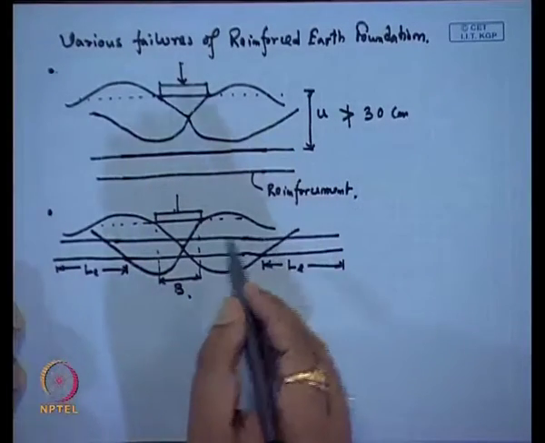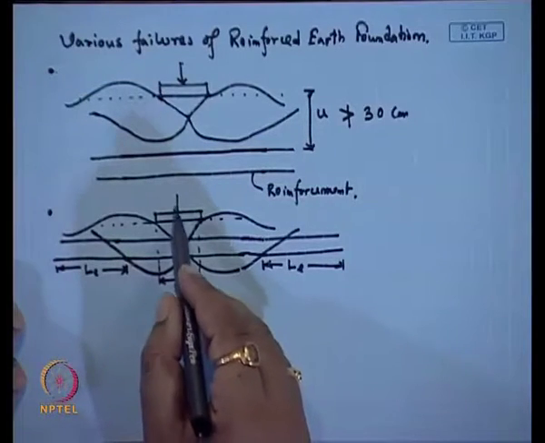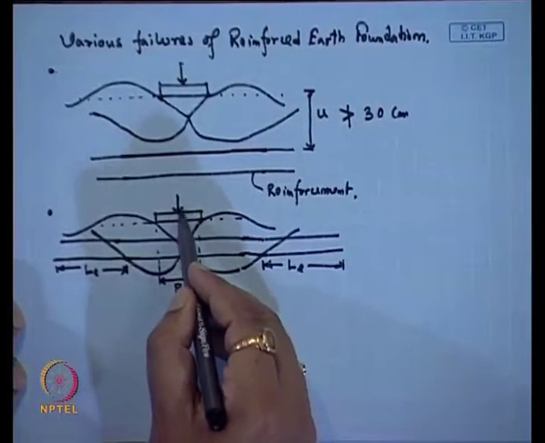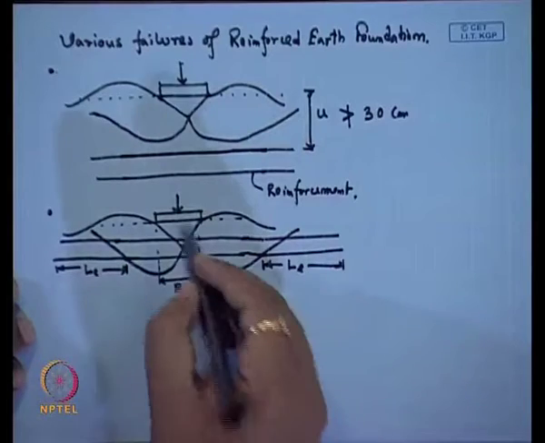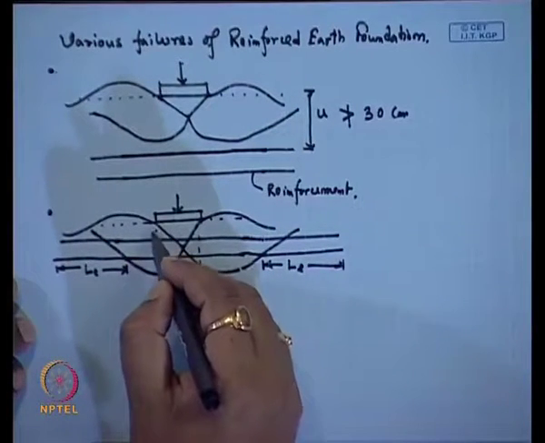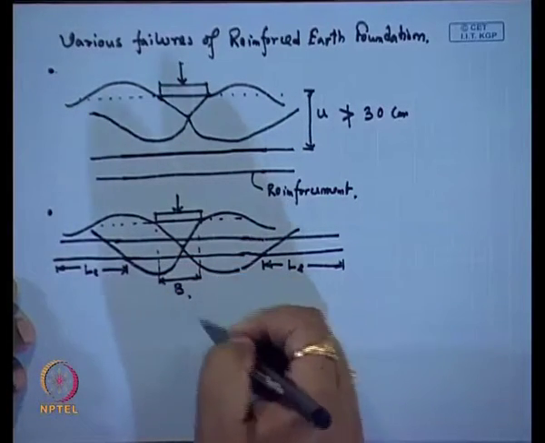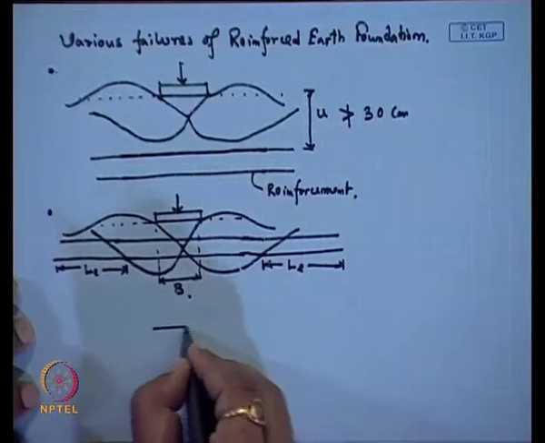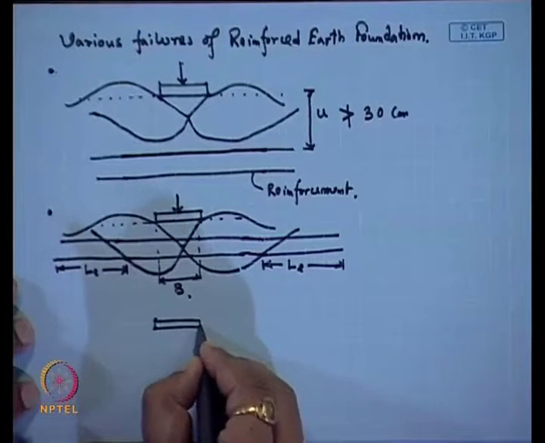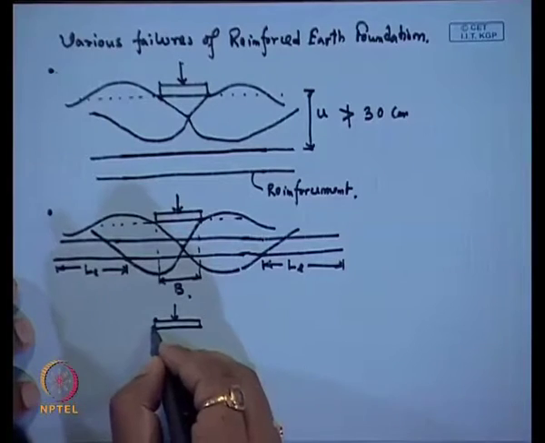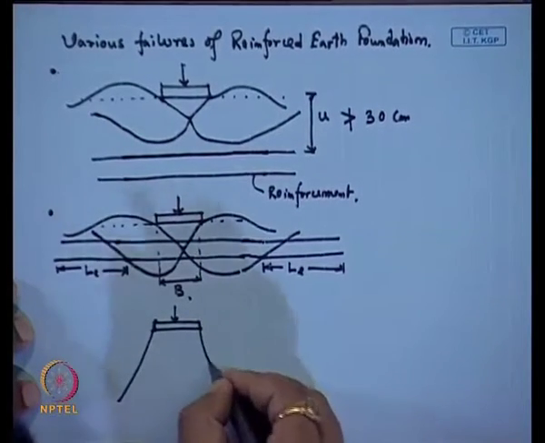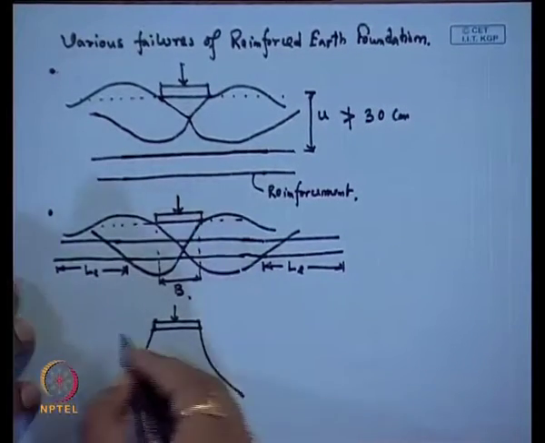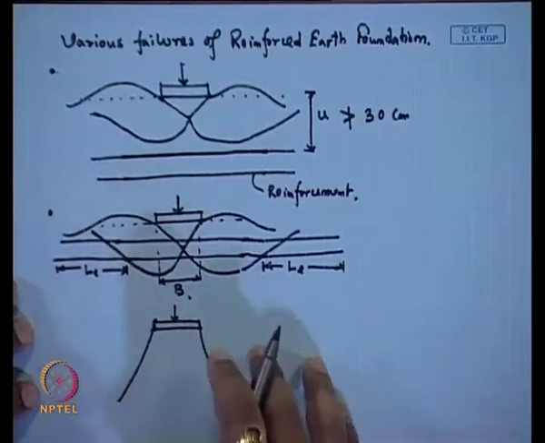The question is, when we are applying this load, this inside soil will try to move this side. Suppose this is the foundation, and I apply the load. Suppose there are two zones: this is the inside zone and this is the outer zone.